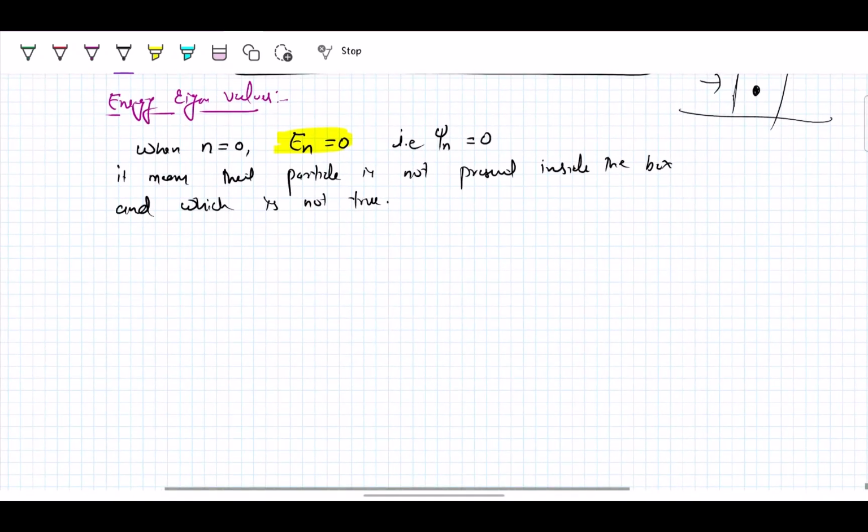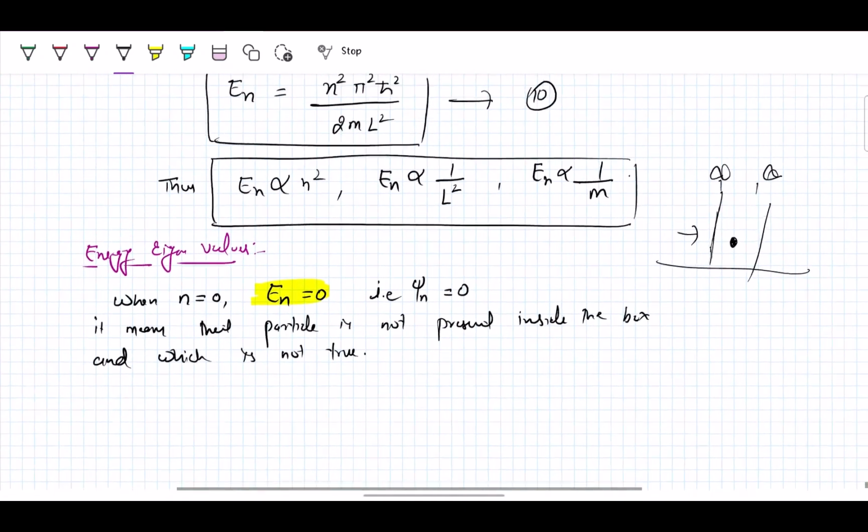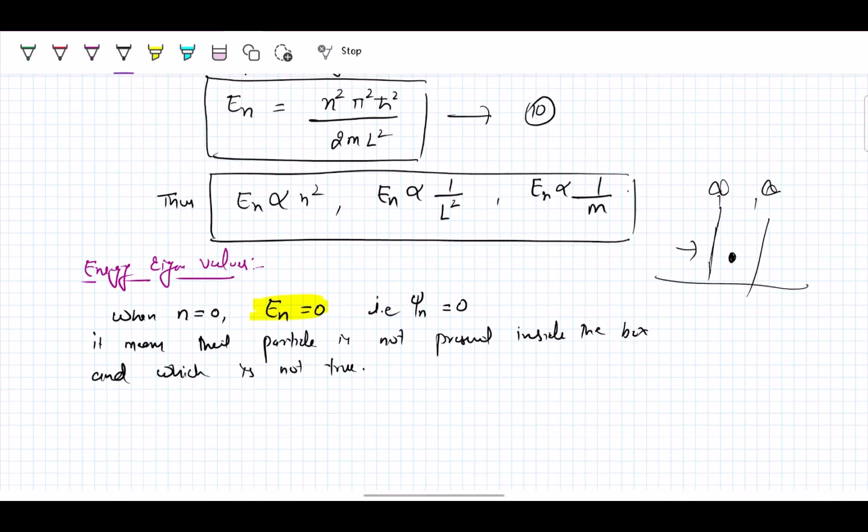That's why classical results are not able to explain phenomena like the photoelectric effect, Compton effect, and black body radiation, because all of these topics are related to energy. And in the case of this particle in a box itself, according to classical mechanics, if energy En is equal to 0, then the particle will be at rest inside the box.